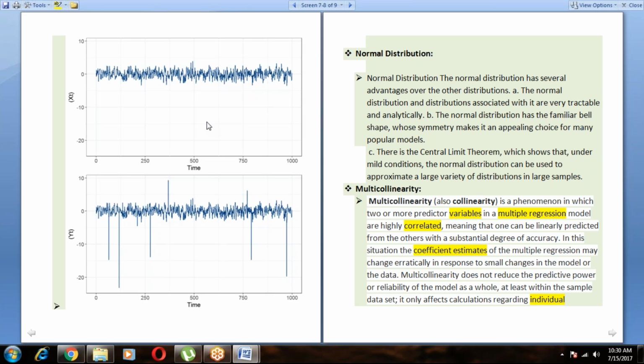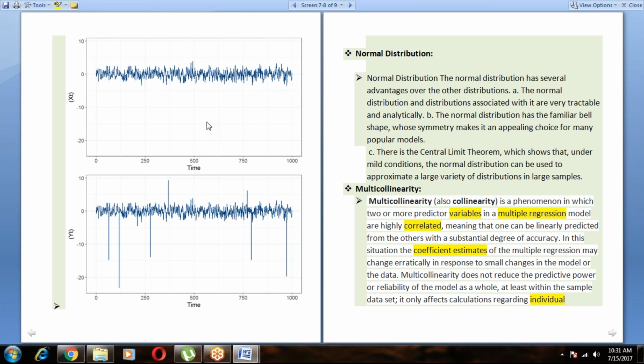It's not possible. So we might make a big mistake if there is a problem of multicollinearity. So it's very important to get rid of it. Usually we use VIF, variance inflation factor, and it should not be more than 2. The best output is if it is from 1.5 to 1.7.